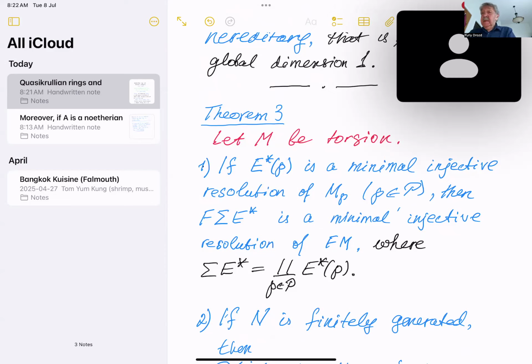If we take the direct sum of all these injective resolutions of the modules F_P and project it to the tilde category, then it is a minimal injective resolution of F_M in the tilde category.